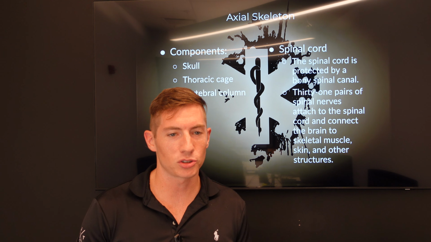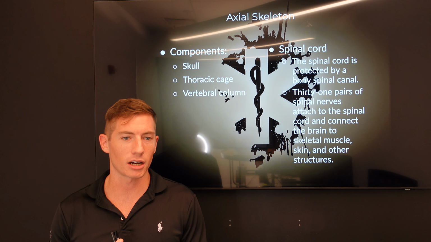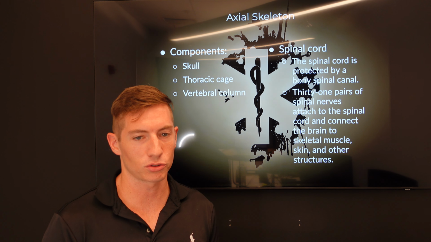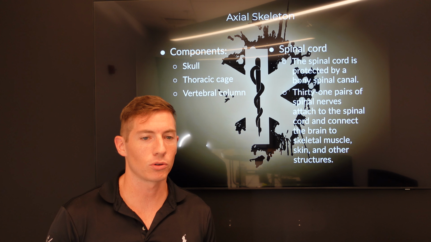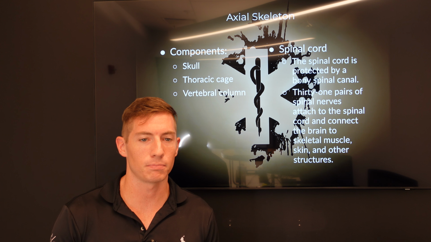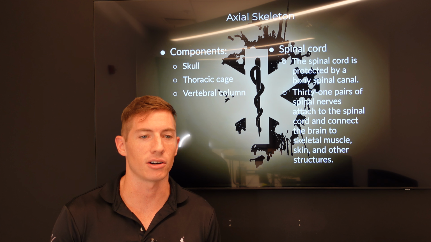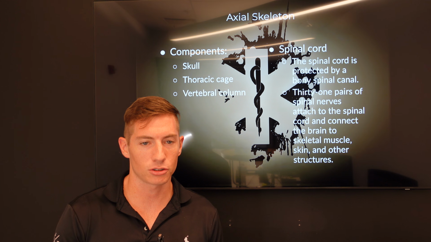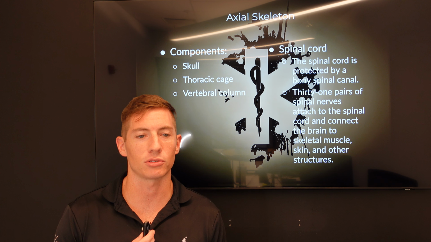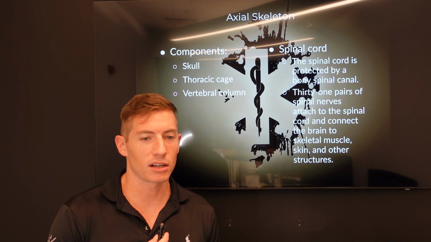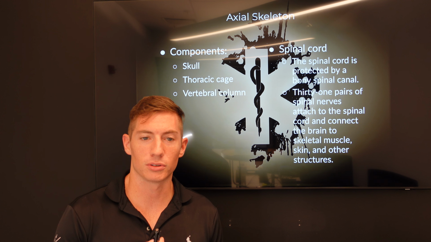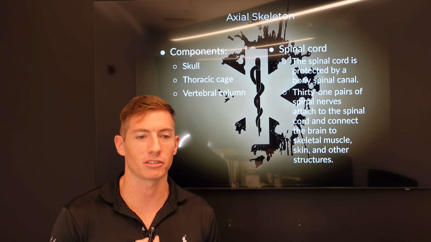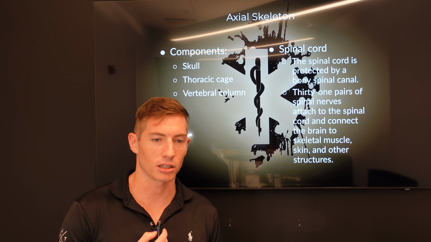Axial skeleton, composed of the skull, thoracic cage, and vertebral column. The brain is within the skull, and the heart, lungs, great vessels within the thorax. Spinal cord, contained within the bony spinal canal, connects the brain and skeletal muscles, skin, and other structures by means of the spinal nerves. 31 pairs of spinal nerves attach to your spinal cord and communicate with structures primarily located in the neck, trunk, and extremities.